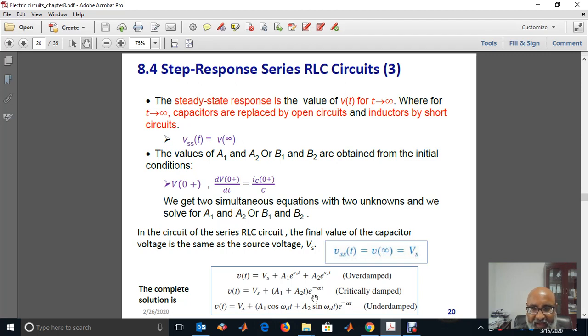So now what are the remaining parameters to be solved? A1 and A2. Where do we get them? From the initial conditions: the initial voltage across the capacitor, plus the derivative of the initial voltage across the capacitor, dV by dt at 0, which is IC at 0 divided by C.